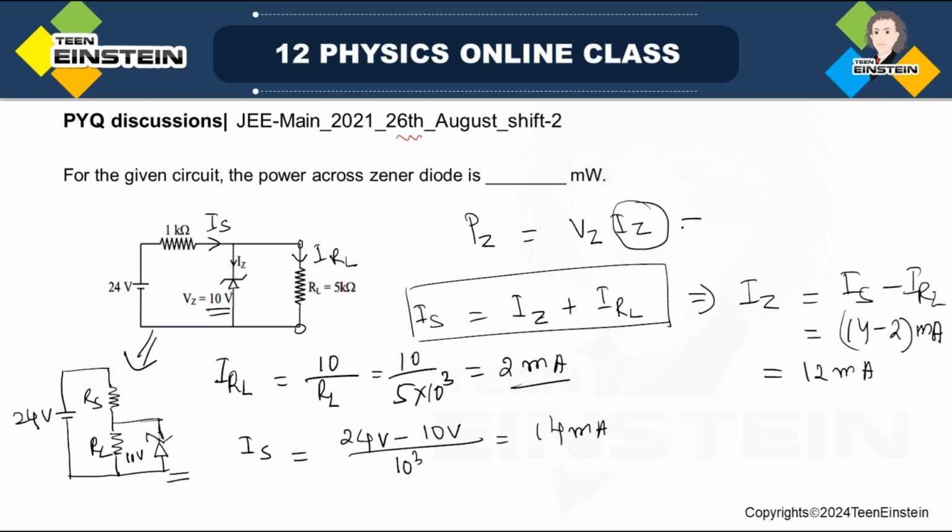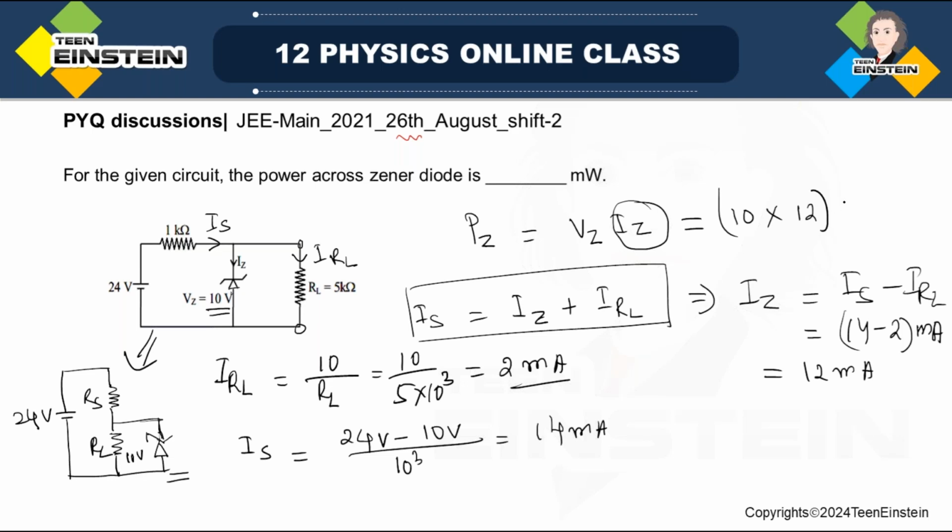Then what else do I need to find the power across the Zener diode? VZ is 10 volt, IZ is 12 milliampere.